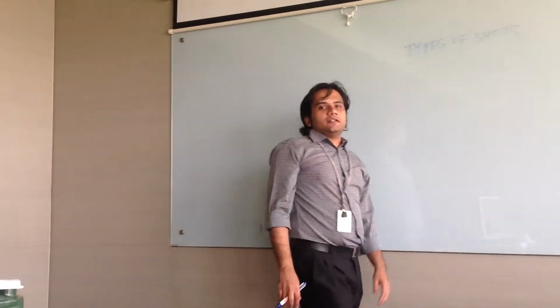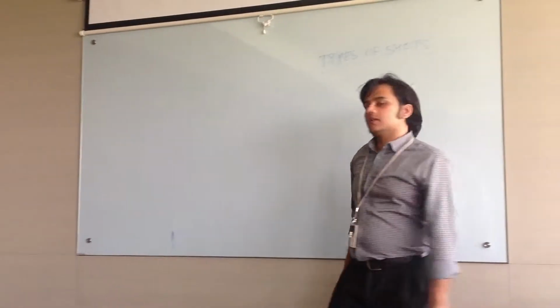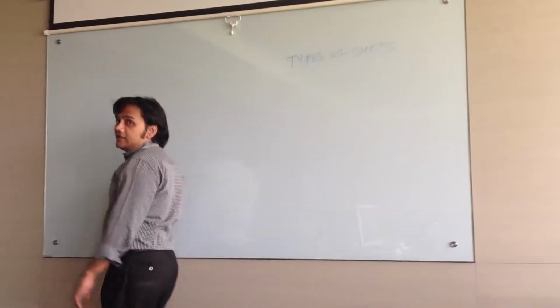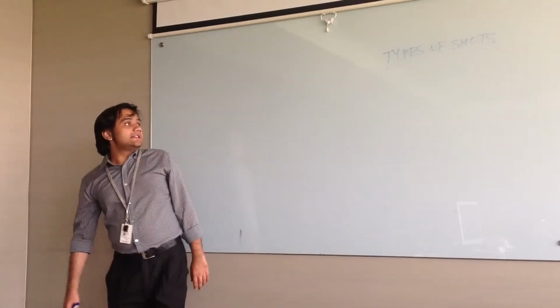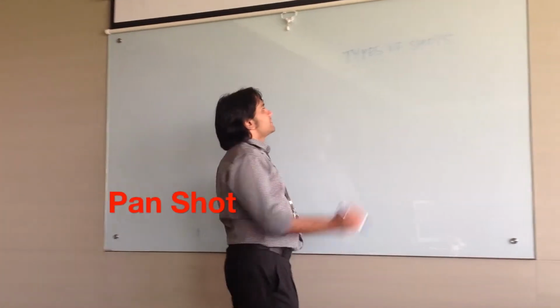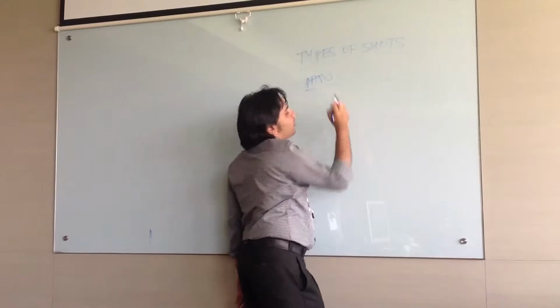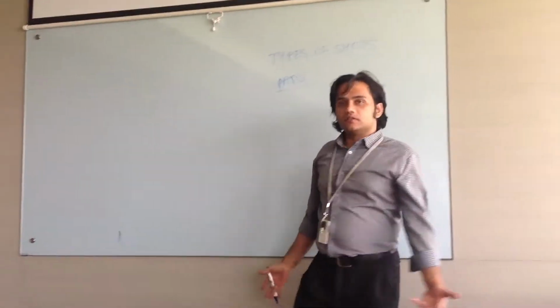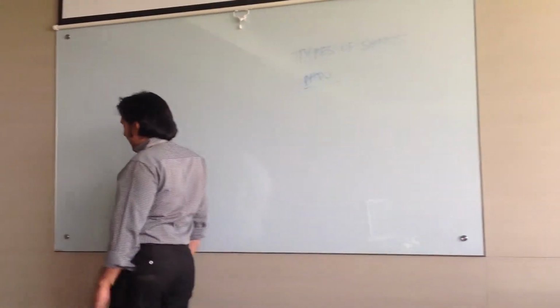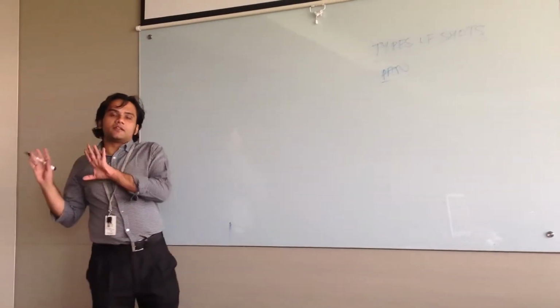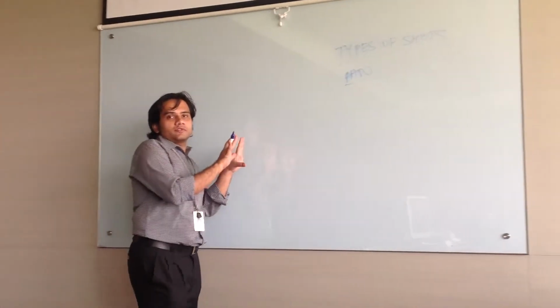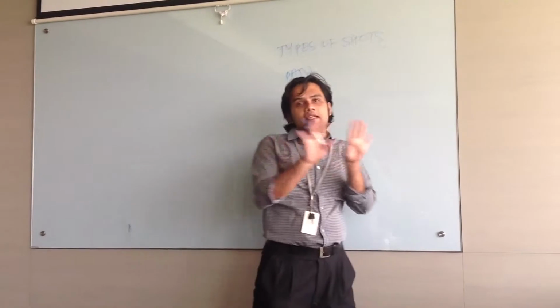Another interesting type of shot which you often see in films is a pan shot. Now, as you can see right now, as I'm moving, the camera is almost like shifting its gaze.